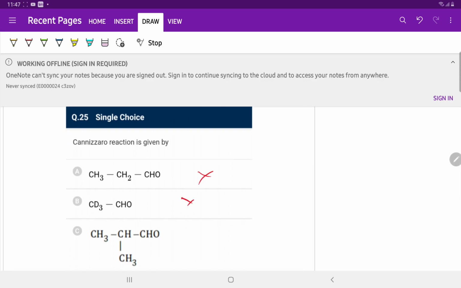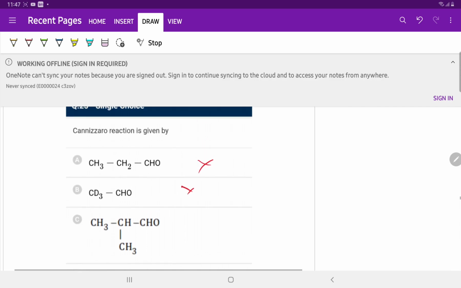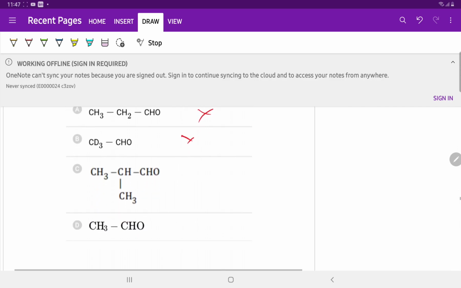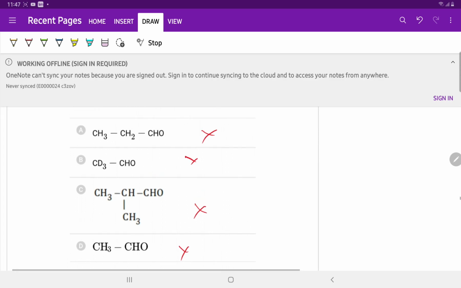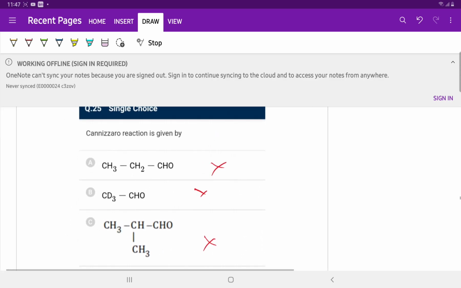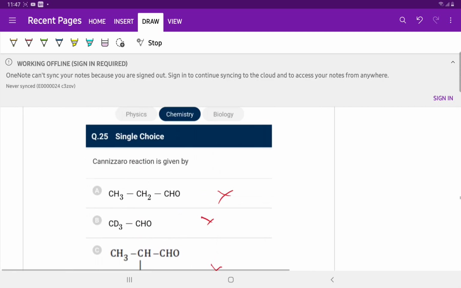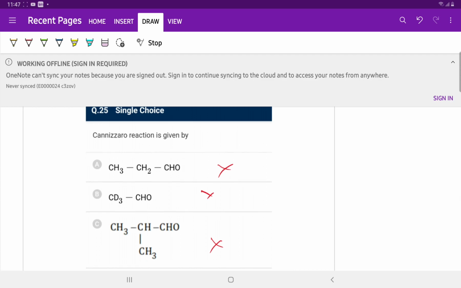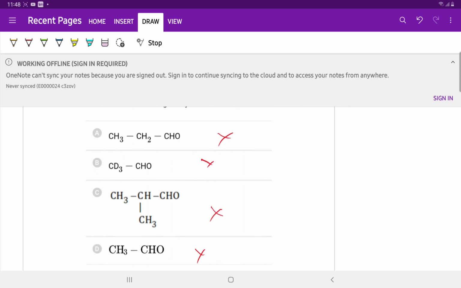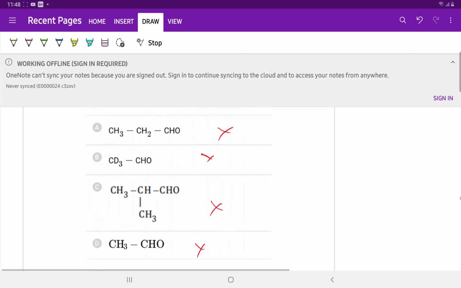All the reactants cannot go through the Cannizzaro reaction. Question number 25. Cannizzaro reaction is given by. I think this question is actually that Cannizzaro reaction is not given by.